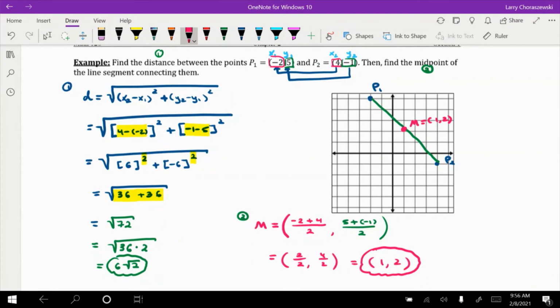The way you could verify that it's halfway between P1 and P2, or at least one way, is to maybe calculate the distance from P1 and M, maybe call that D1, and then move on to calculate the distance between M and P2, D2, I'll call it. And should 1, 2 be the official midpoint, then our calculation for D1 should equal the calculation for D2.